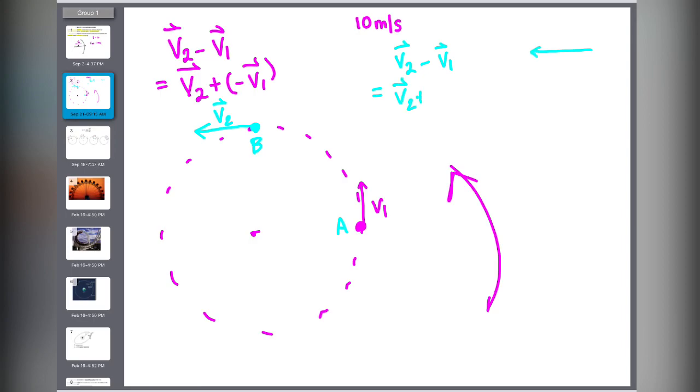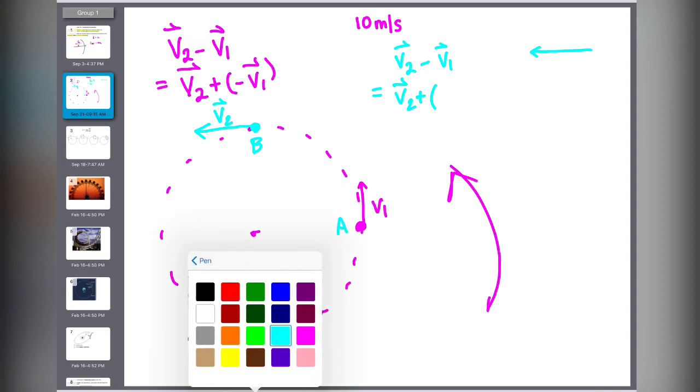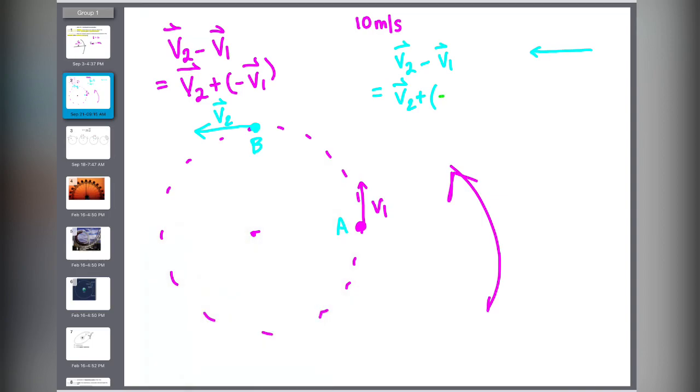v2 looks like this. Minus v1 is the same thing as adding a negative v1. From this point, I can draw a negative v1. Since v1 is going up, a negative v1 will be going downwards, so I'm going to draw it downwards.